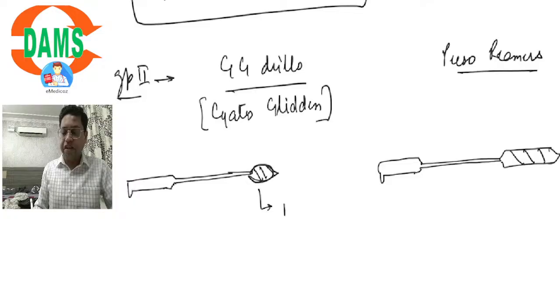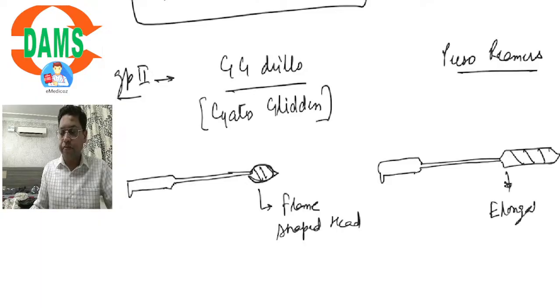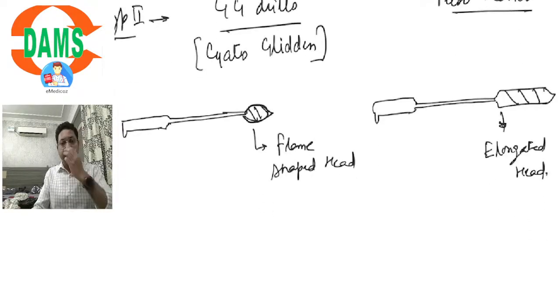This is a flame shaped head, and this is an elongated head. This is the principal difference between the geometry of GG drills and piezo reamers.